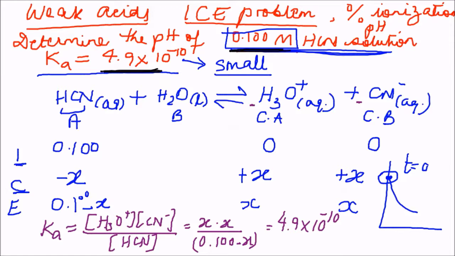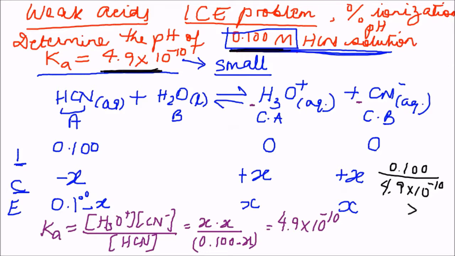Let me erase just some parts so you can see better. What I'm trying to calculate is 0.100 divided by 4.9 times 10 to the power of negative 10 and verify whether this number is more than 100 or not. And if it is, then you would be able to use the approximation.